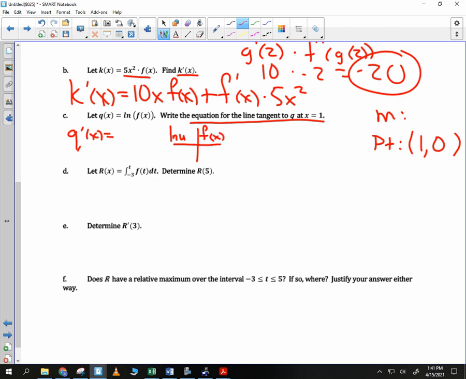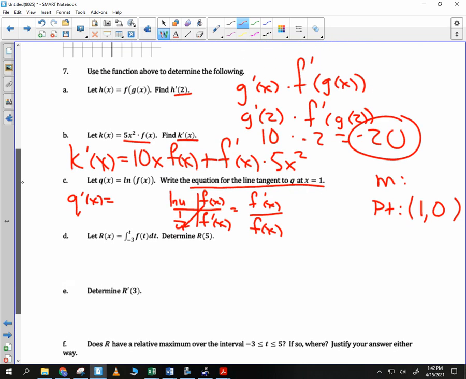What's the derivative of f of x? F prime of x. What's the derivative of natural log of u? 1 over u. Because it's not natural log times f of x, it's natural log of f of x. See the difference? You multiply these together and drop that in, and you get f prime of x over f of x. That's going to give us our slope.